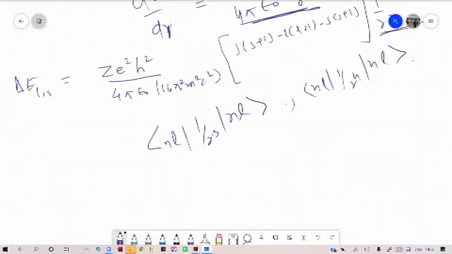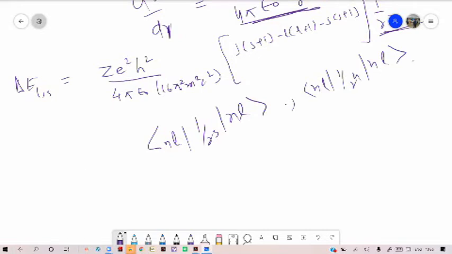And this average value of 1 by r cube is averaged over the whole radius of the hydrogen atom orbit, using the radial function. You can also solve it directly by using Kramers' equation. I think you must have done it.